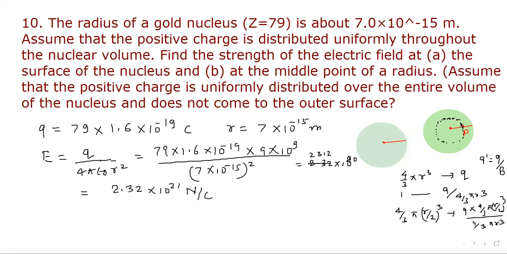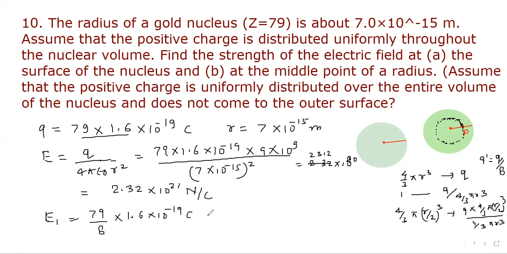So again, we have to find out the electric field. So electric field here on the surface, suppose it is E1, and charge becomes Q by 8, that is 1/8 of this value. So 79 by 8 times 1.6 into 10 to the power minus 19 coulomb.